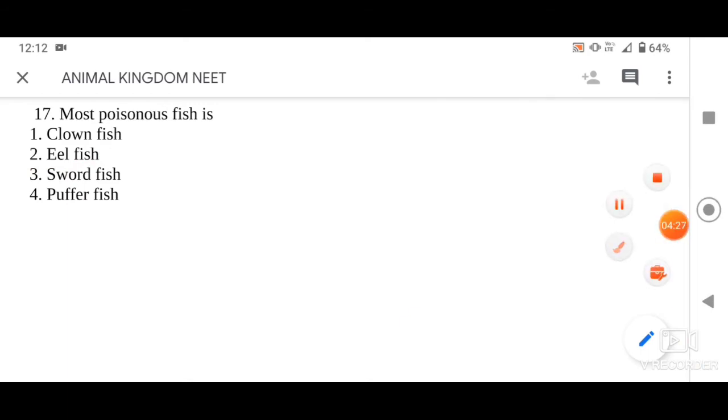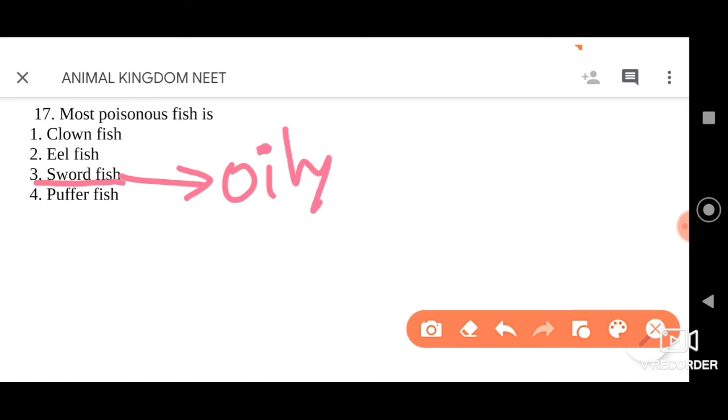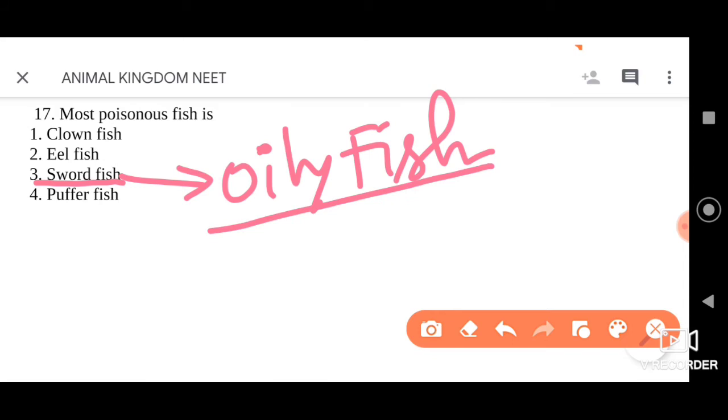Next, let us go for the next option, that is swordfish. In fact, this fish is classified as an oily fish, but they contain very high levels of mercury.